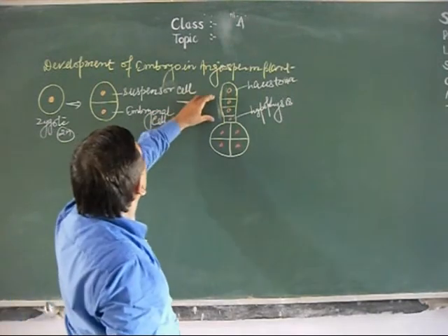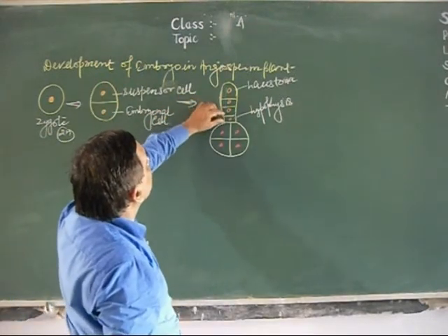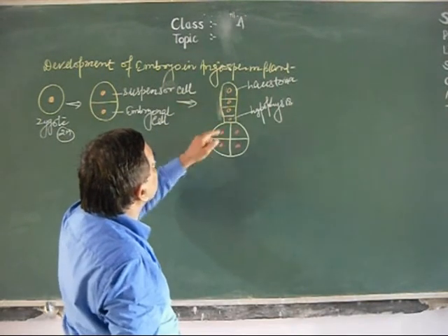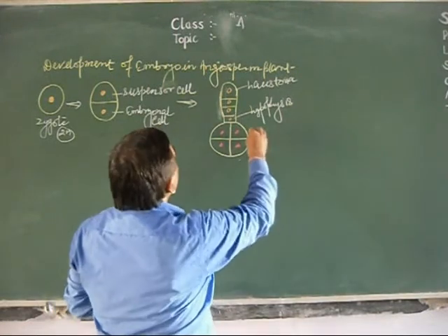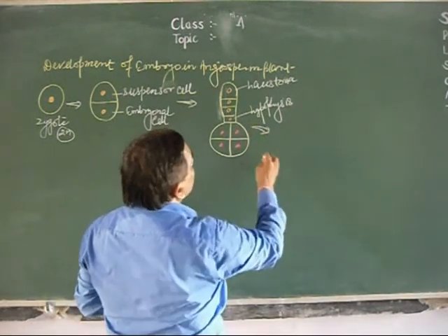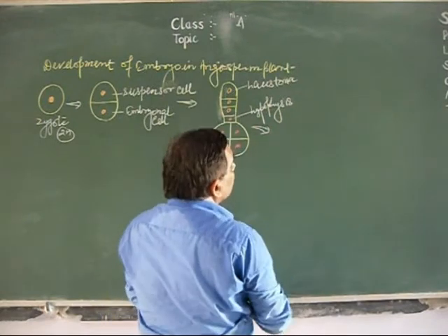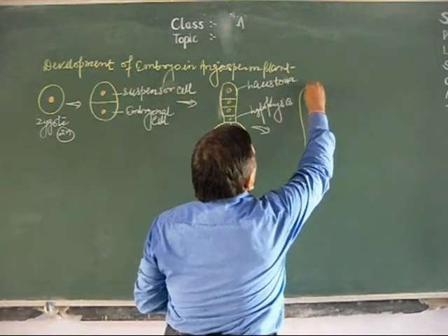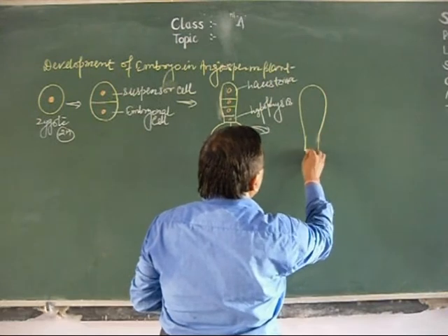This cell undergo division in linear way, then form hypophysis and haustoria, and here this is the embryonal cell. Again this undergo division further, then it form a group of cells.